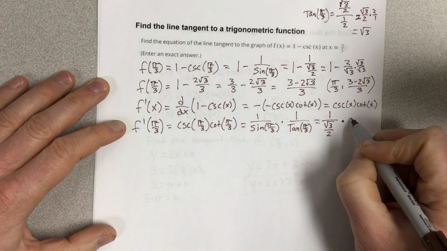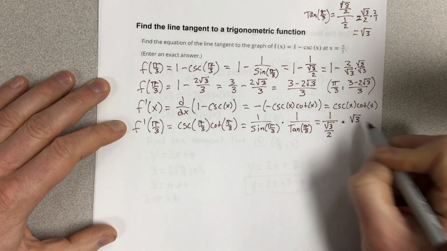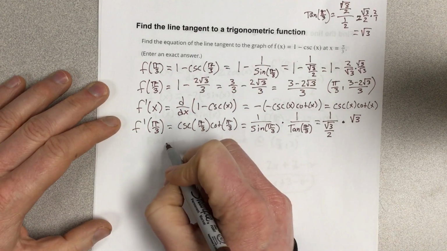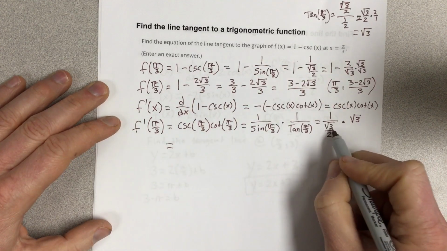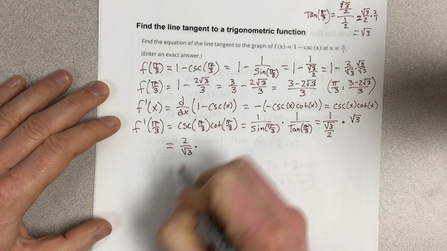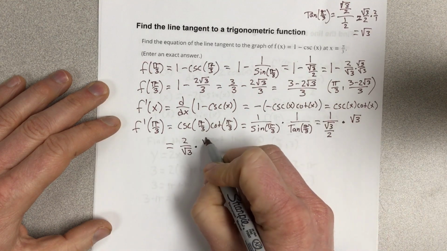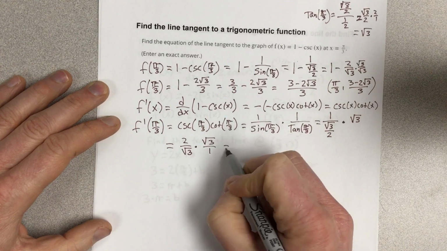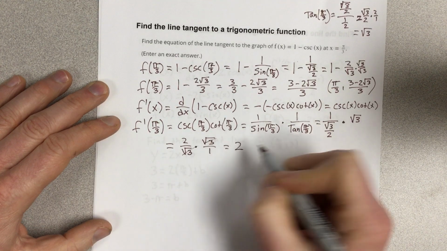So this would be times root 3. So that would equal, if I take the reciprocal and multiply, 2 over root 3 times root 3 over 1. You can see the root 3's cancel, and I'm left with 2 for the slope.